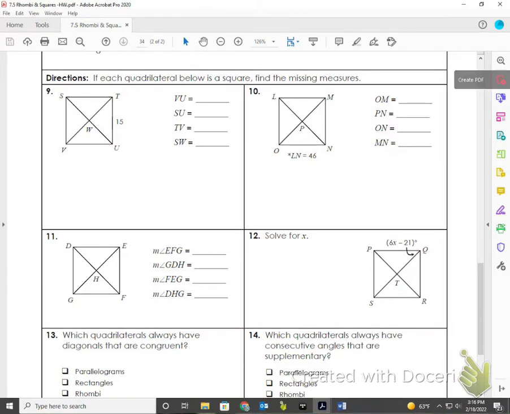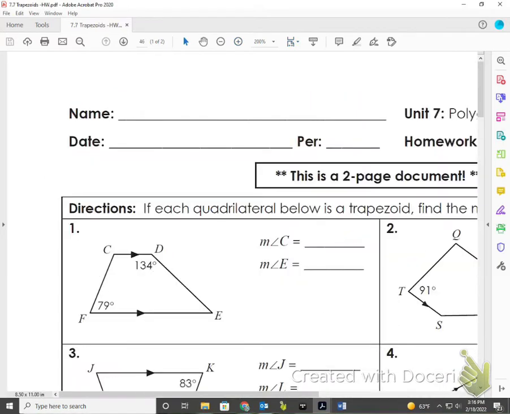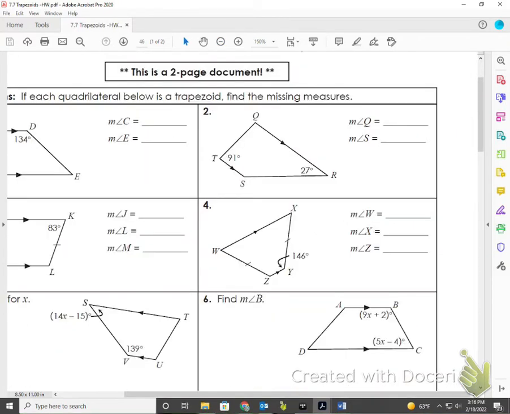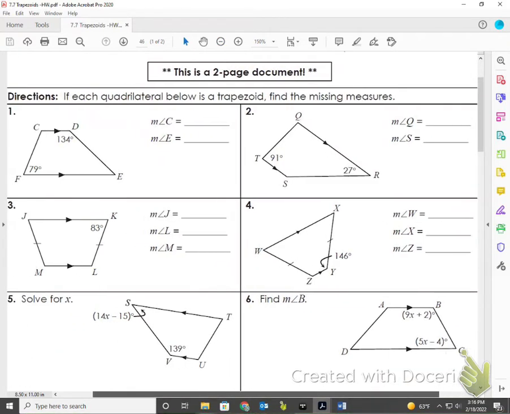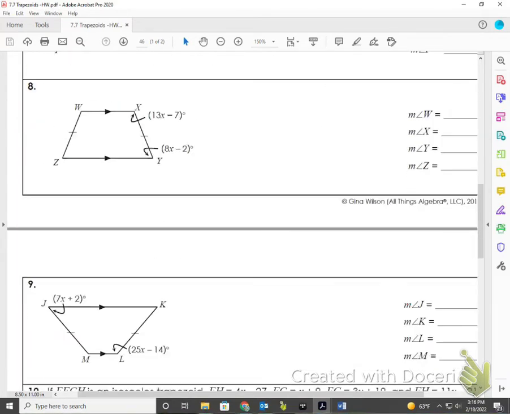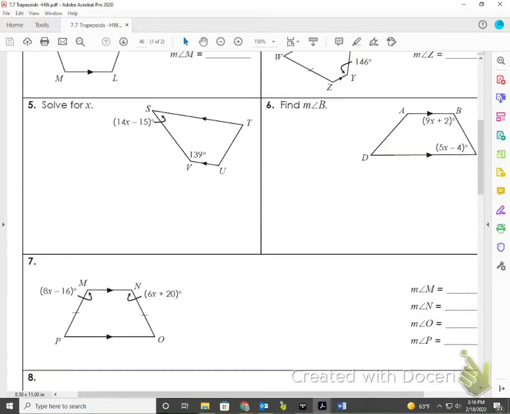So I'm going to skip ahead to trapezoids now. And we're going to look through some of these. So each quadrilateral is a trapezoid. Notice that on 1 through 6, they're just regular trapezoids.